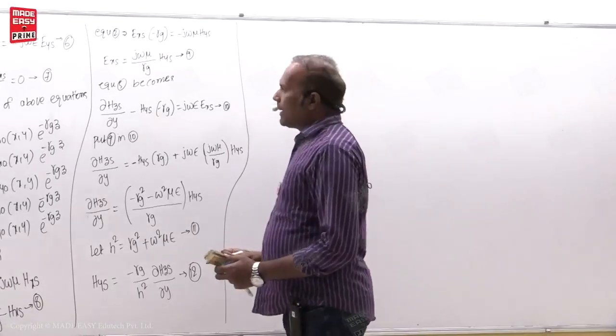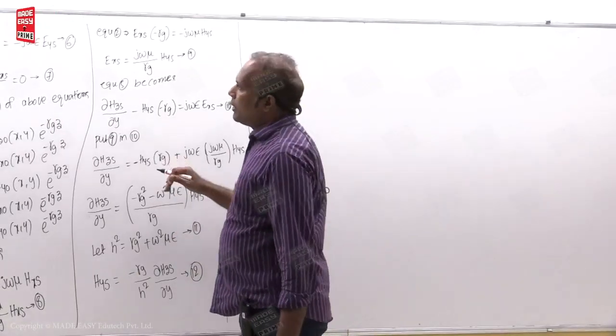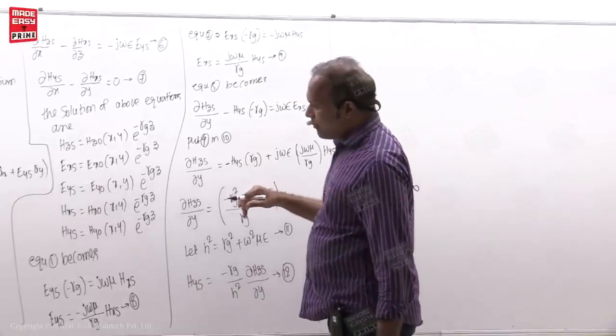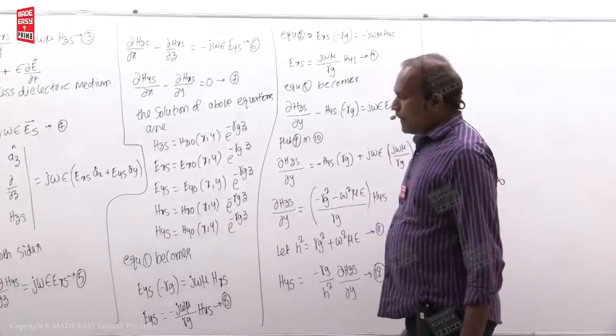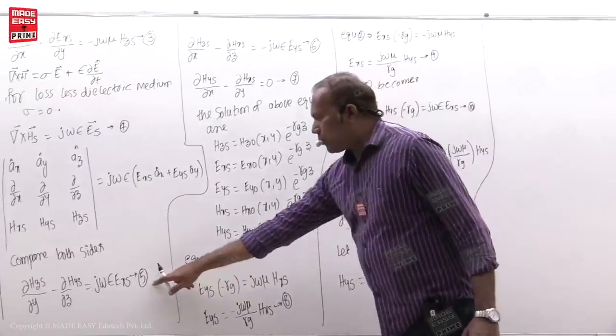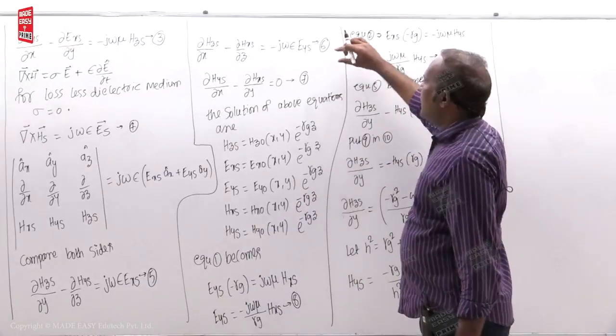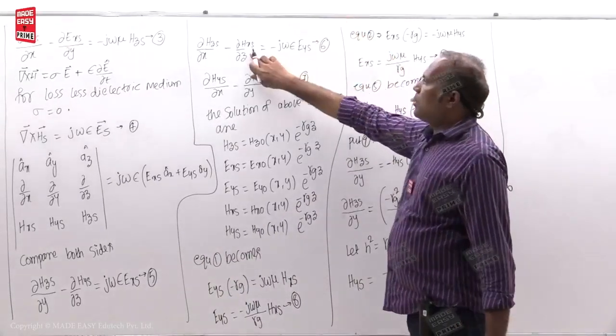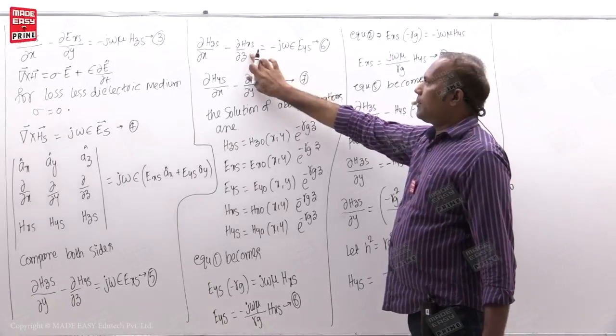Similarly, we have used equation 5 now. Now let us use equation number 6. So here also dou by dou z is there. Okay.